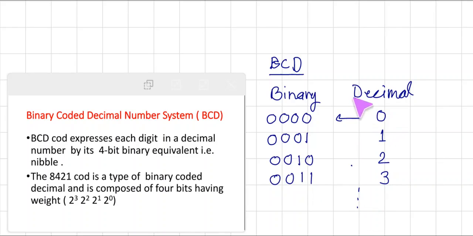So now this decimal digit, instead of writing as a 0, can be written in this 4-bit form. That is basically a binary coded decimal number system.